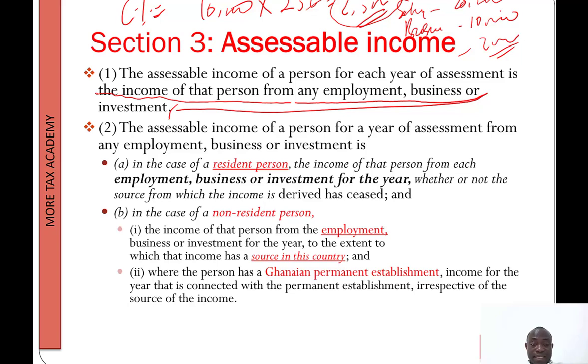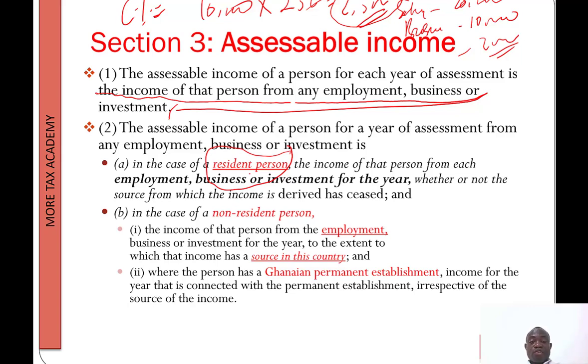We need to make some distinction here. Let's look at what it says. It says that the assessable income of a person for a year of assessment from any employment, business, or investment is A, in the case of a resident person. Now we are trying to bring the distinction. If you want to do the assessment, first look at a resident person and then a non-resident person. And this is where the jurisdiction to tax comes in.